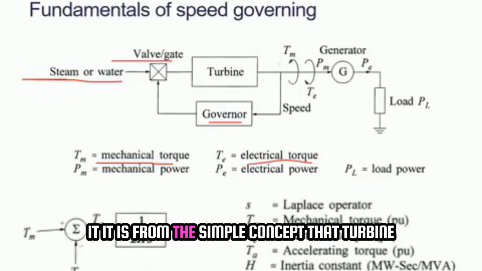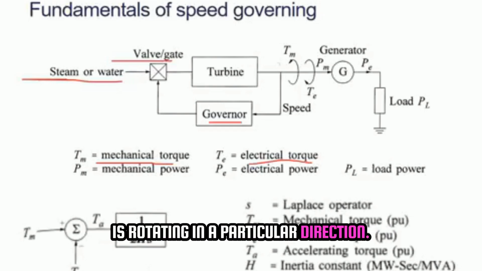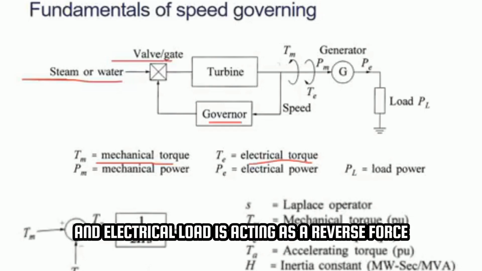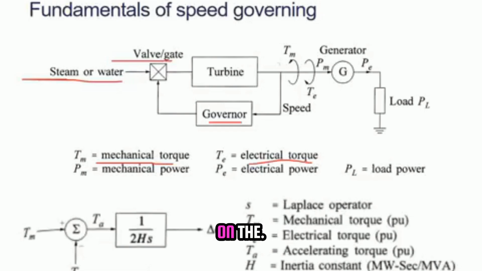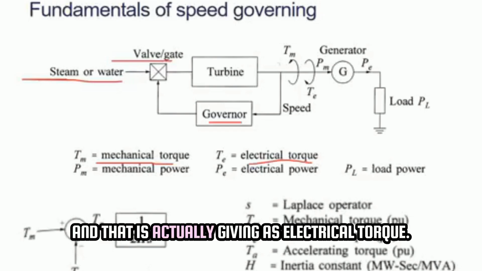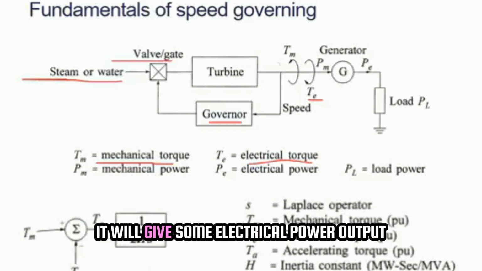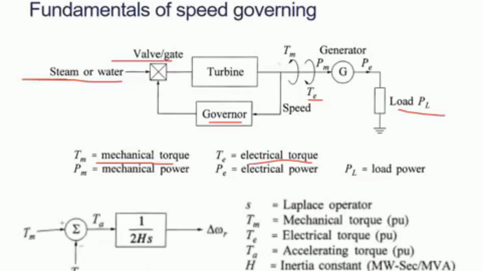It is from the simple concept that the turbine is rotating in a particular direction, that is the direction in which mechanical torque is applied, and the electrical load acts as a reverse force on the turbine, which gives the electrical torque. Eventually the generator will have some mechanical power input, it will give some electrical power output, and that will satisfy the load PL.